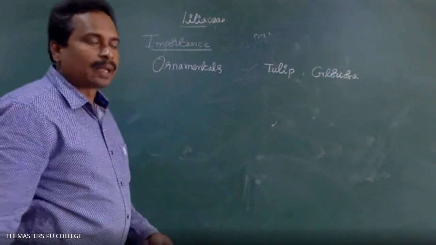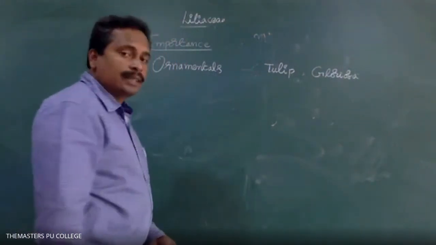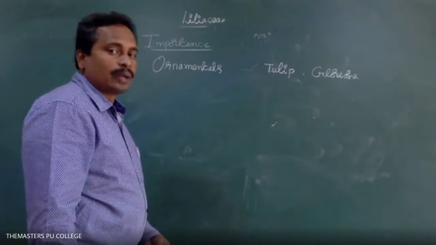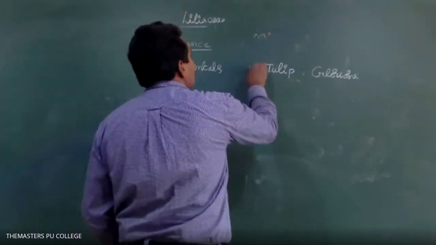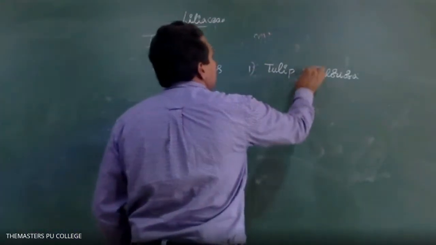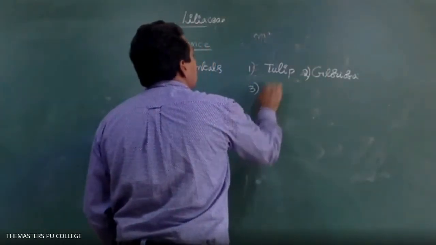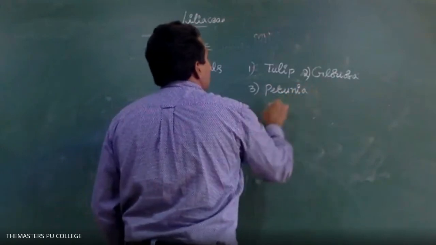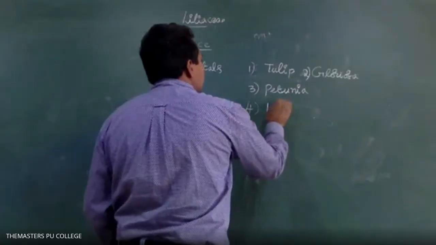Which of the following Liliaceae family plants are grown as ornamental plants? Option 1 is tulip. Option 2 is gloriosa. Option 3 is euphorbia. Option 4 is 1 and 2.